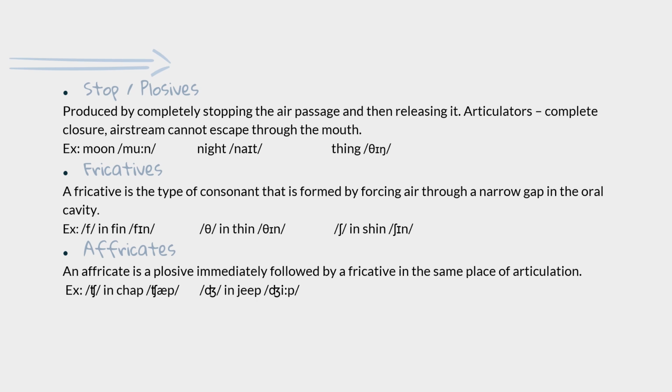I am Syafatasya Andini, and I will explain about affricate and nasal. An affricate is a plosive immediately followed by a fricative in the same place of articulation. Like in this example, j in shape and ch in chip.